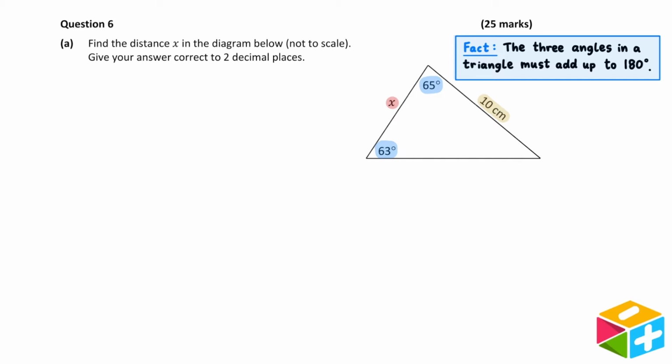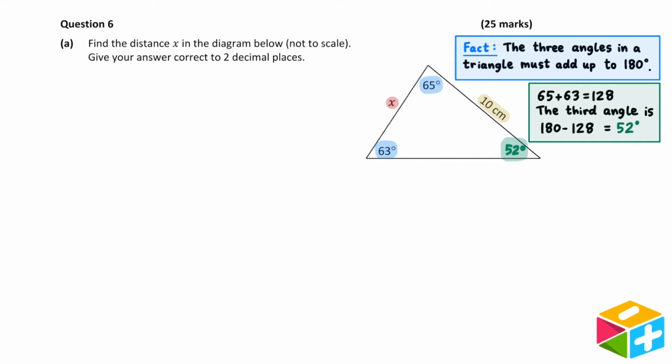There's a useful fact about triangles which says that the 3 angles in a triangle must always add up to 180 degrees. This means that whenever you have 2 angles in a triangle, it's quite easy to find the third angle. It's simply the leftovers needed to make sure all the angles add to 180.